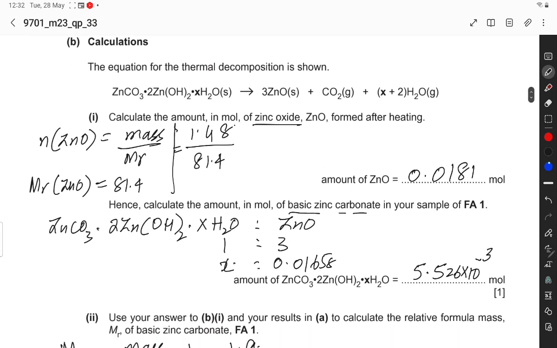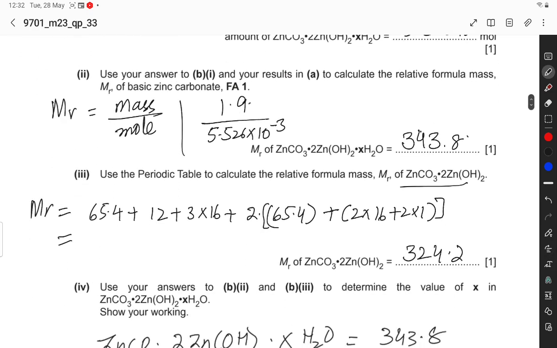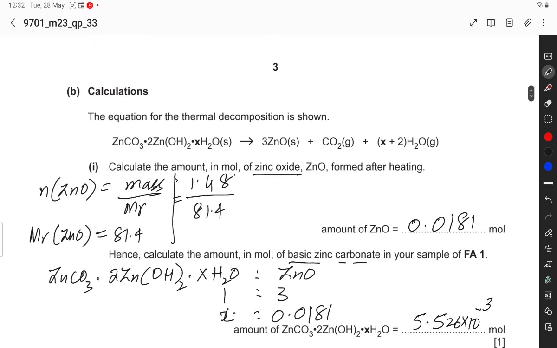So we can change this value in the previous table as well. Let's calculate first. 0.0181 divided by 3 is equal to 6.03.